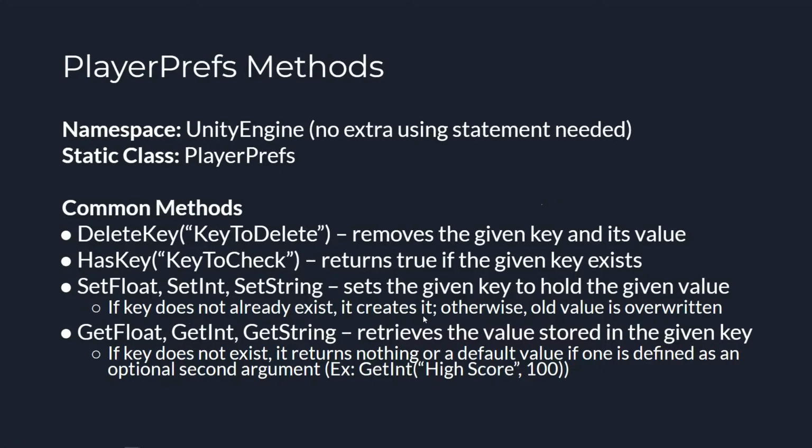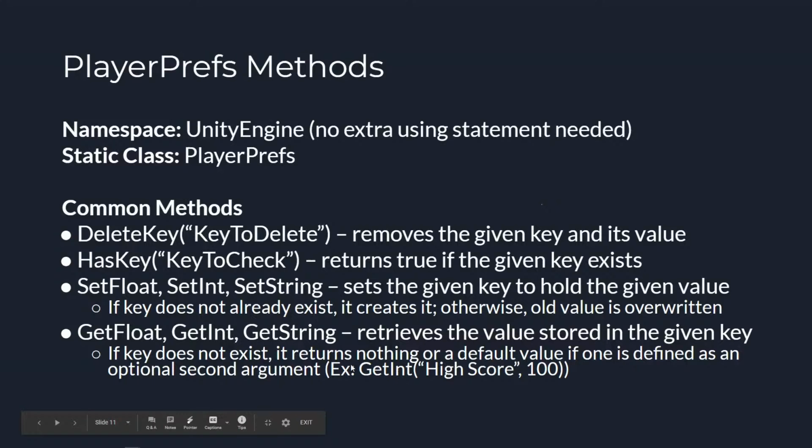Setting automatically creates them if they don't already exist. So if you said set string high score, or player name, to something, it will create it on the fly for you. You don't have to worry about creating it. And then later on, you can say get string player name, and it'll be there. If you haven't already created it and you called get string, you can have a default value in your get as well.